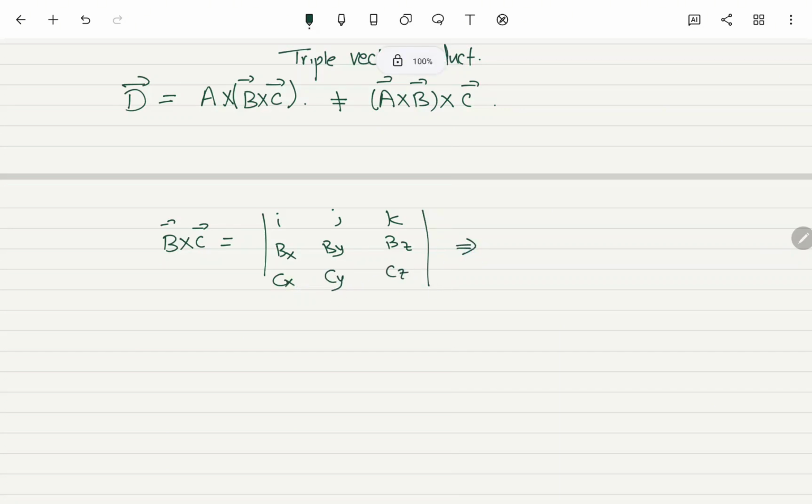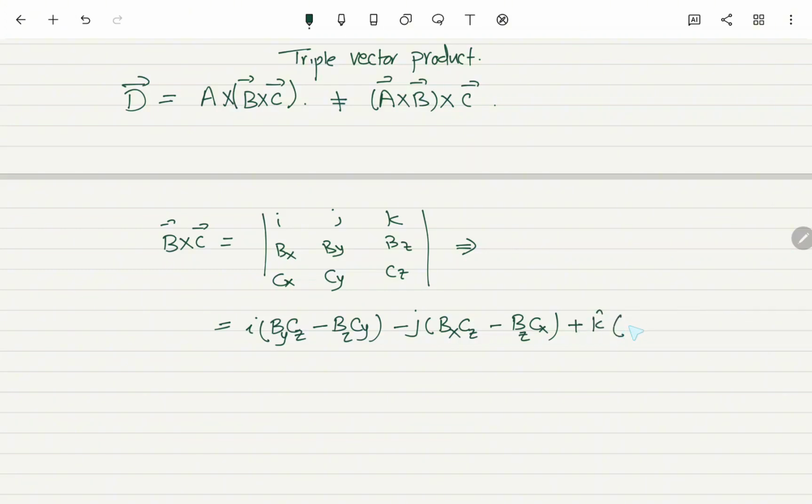When you do this, you will find it's equal to I (By Cz minus Bz Cy) minus J (Bx Cz minus Bz Cx) plus K (Bx Cy minus By Cx).